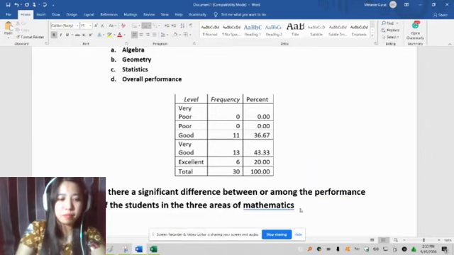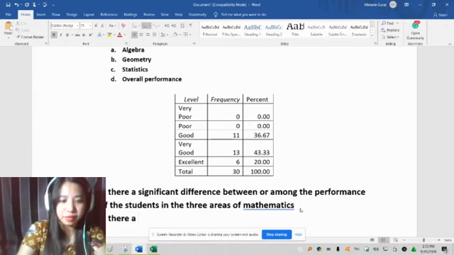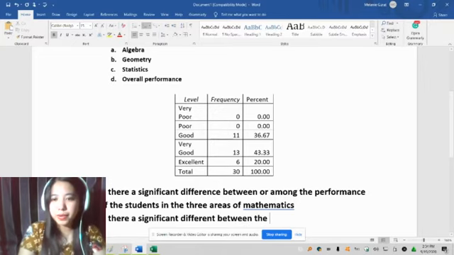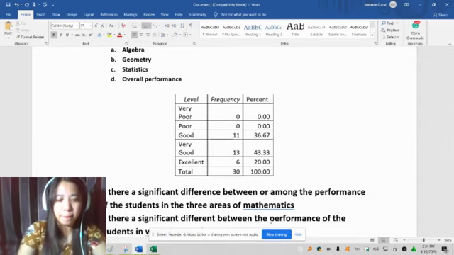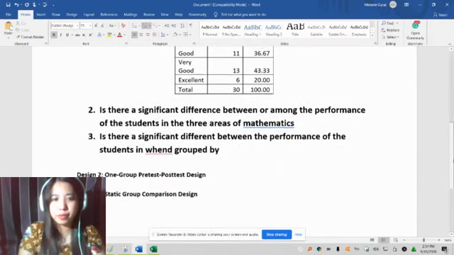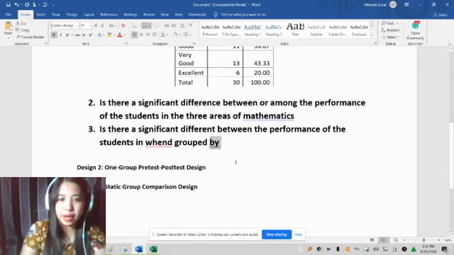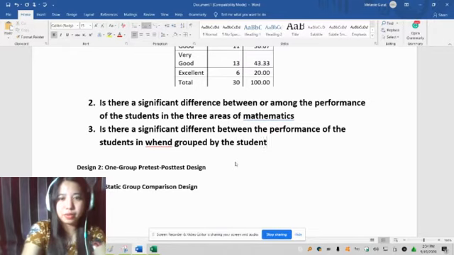And also optional problems, you can also ask, is there a significant difference between the performance of the students in mathematics when grouped by their profile variables, or when grouped by the respondents' or students' profile variables.